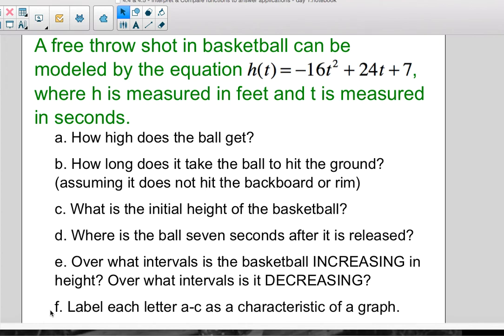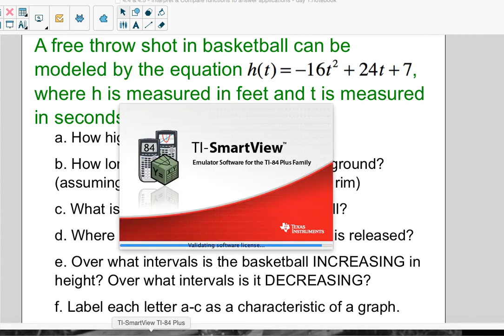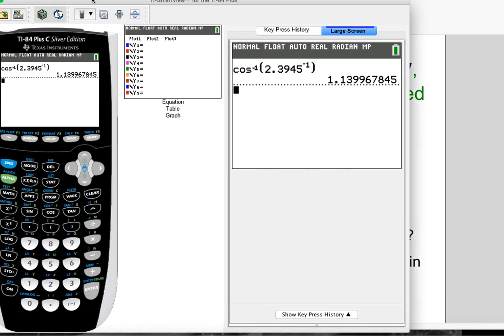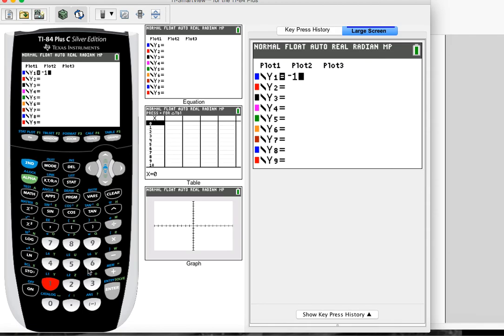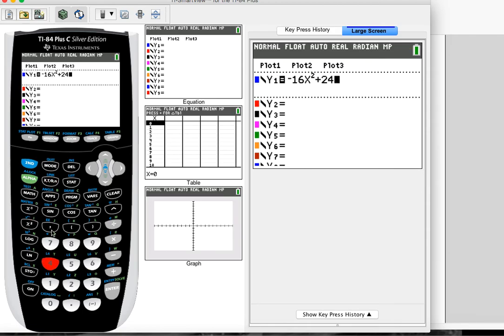All right, so if you did this, we can graph it ourselves. It's negative 16t squared plus 24t plus 7. So here, go to negative 16x squared plus 24x plus 7. Get yourself a good window.